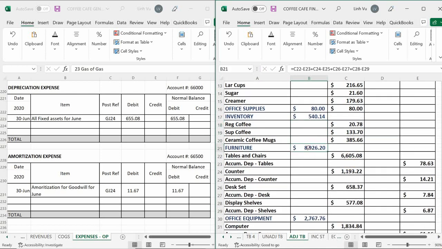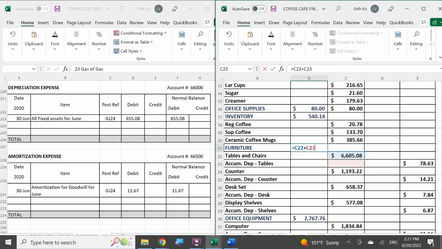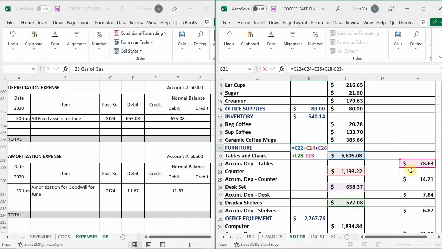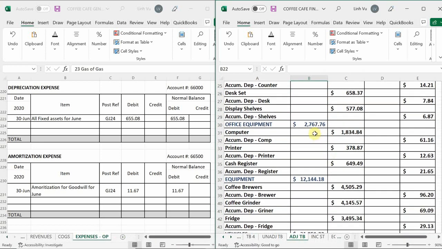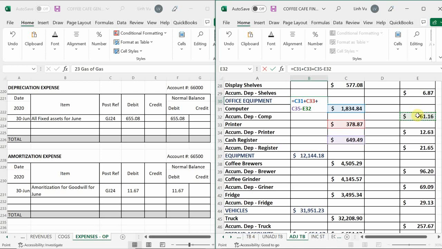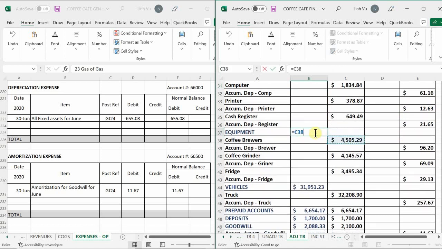Okay. Let's do this. Just going through my formulas real quick to make sure I didn't miss anything.